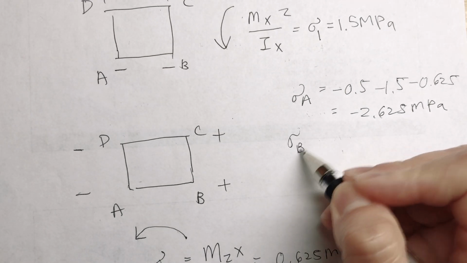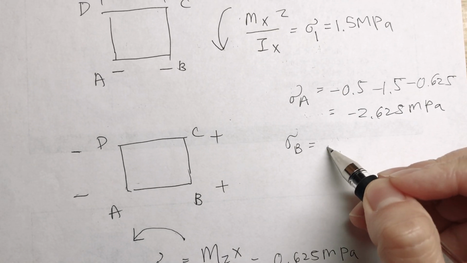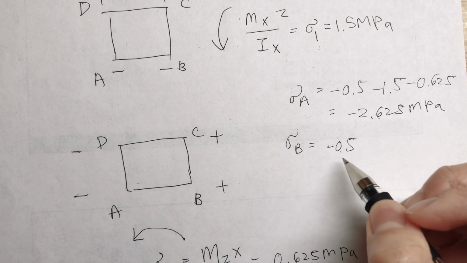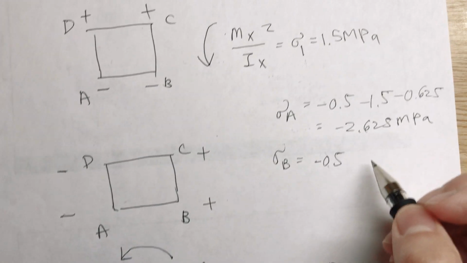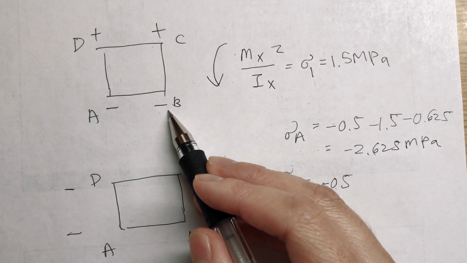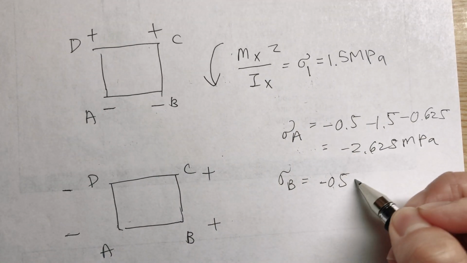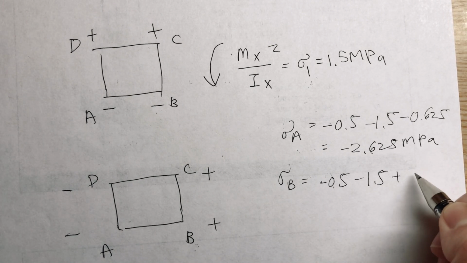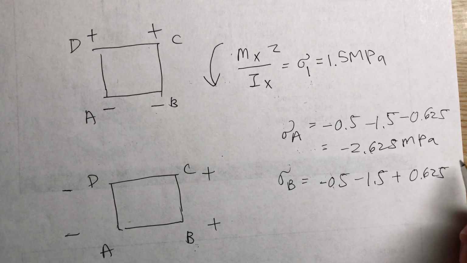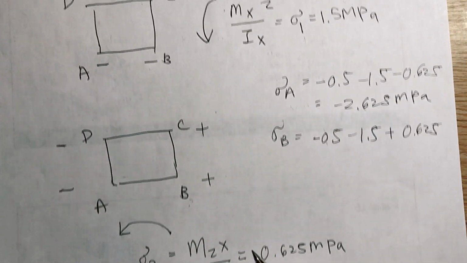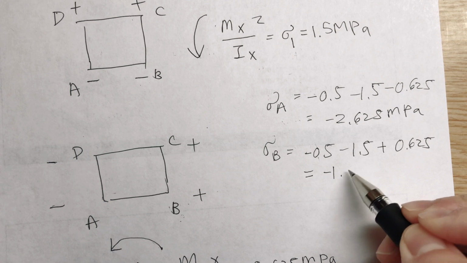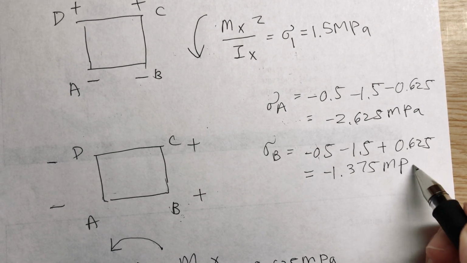Now let's look at stress B. We have that compressive centric load, so the stress from that centric load is negative 0.5. B, negative stress 1, so negative 1.5. Here, B is positive, so positive 0.625 from stress 2, so that's equal to negative 1.375 megapascals.